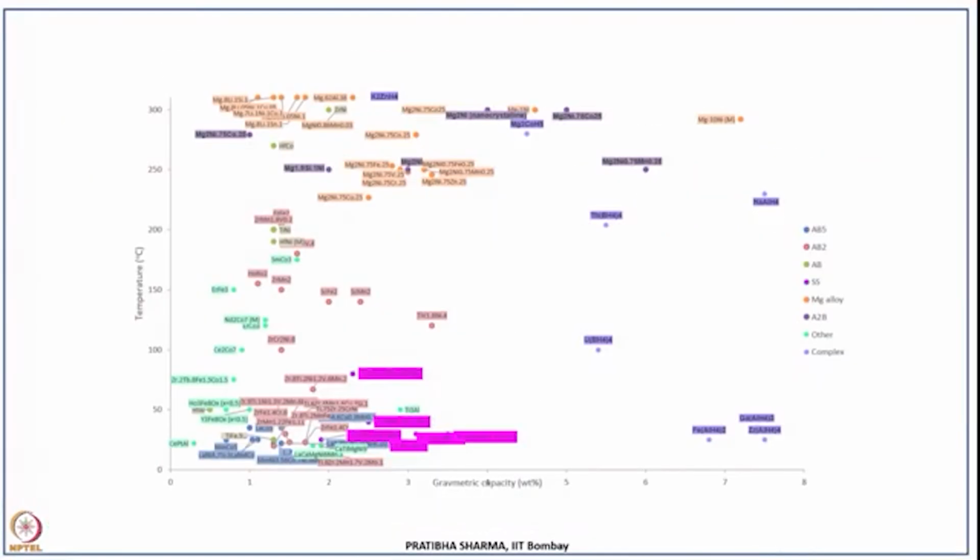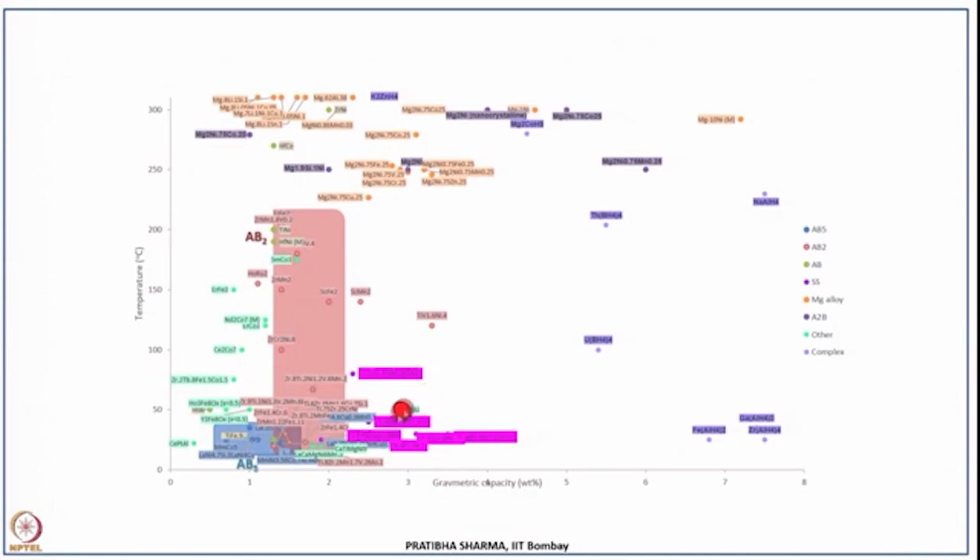Now in the solid state hydrogen storage part, we have seen a wide variety of materials which can be used. Among these, if we plot the capacity of storage against the desorption temperature at an equilibrium pressure of say 1 bar, we can see that AB5 type materials have a lower gravimetric capacity and at the same time a lower desorption temperature.